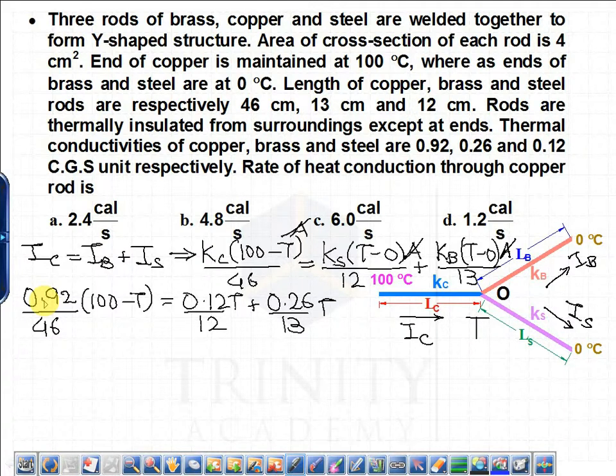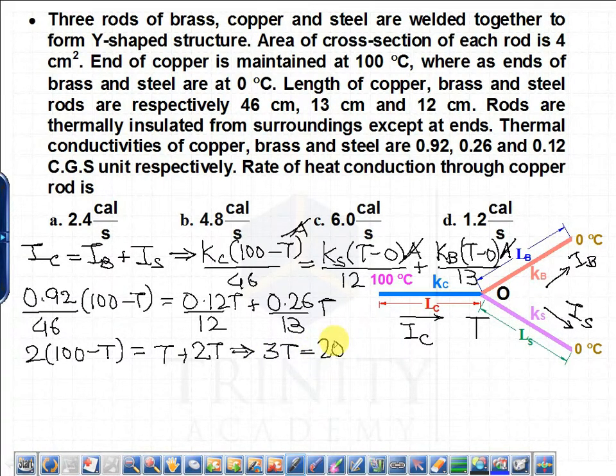So that gives us 2 into (100 minus T) equals T plus 2T. So that gives 3T is equal to 200 minus 2T. That finally gives the junction temperature T equal to 200 by 5, that is 40 degrees Celsius.